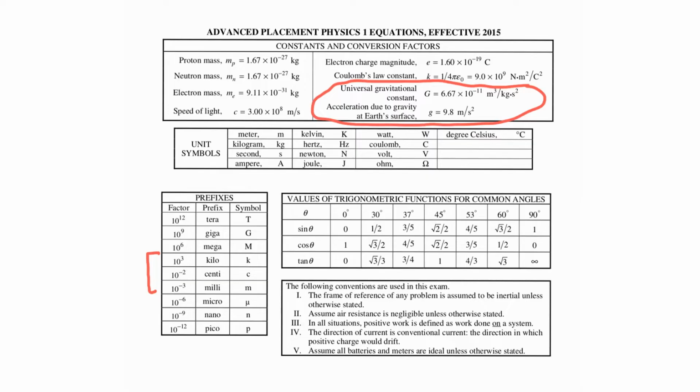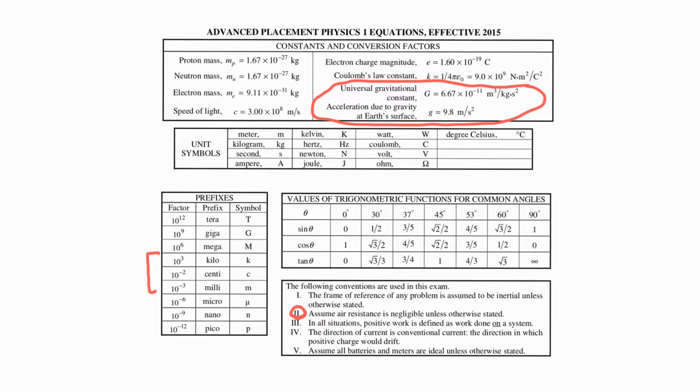Lastly, on the bottom, they have some conventions that are used in this exam. The one that applies to us most that I'd like to point out is that number 2 here, air resistance is negligible unless otherwise stated. So we've seen now that we've done several multiple choice and free response questions, that there are cases where air resistance is not negligible, and they ask you to evaluate some problem in that case.